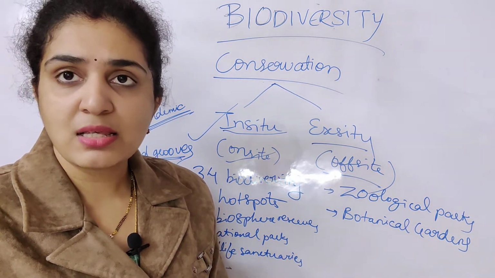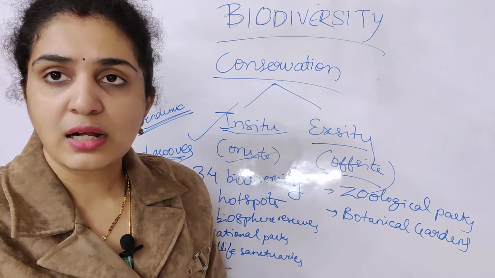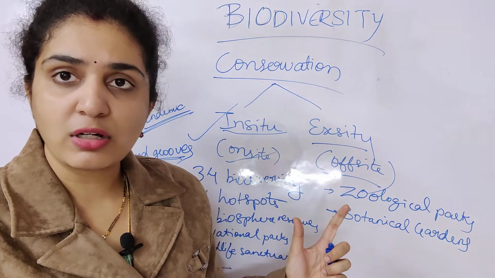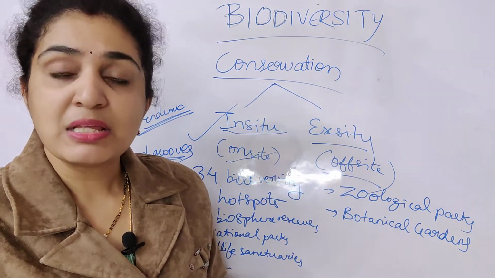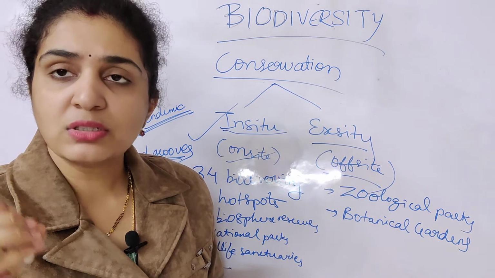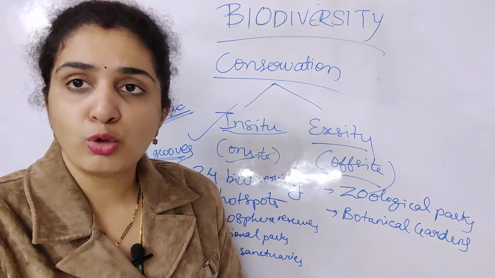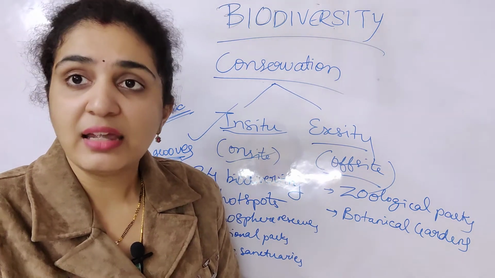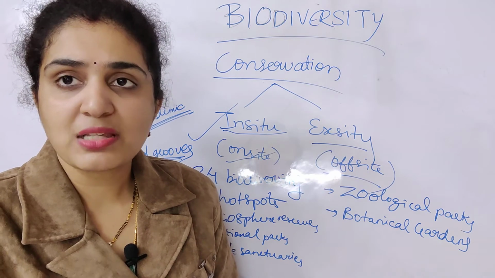Nowadays there are also cryopreservation methods. What is the cryopreservation method and under what is it included? It is included under ex situ preservation, meaning off-site. Suppose some species are getting extinct. If you want to conserve the species, the gametes are taken and put under cryopreservation methods.